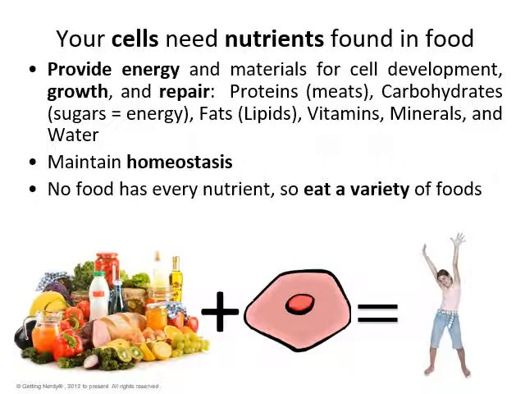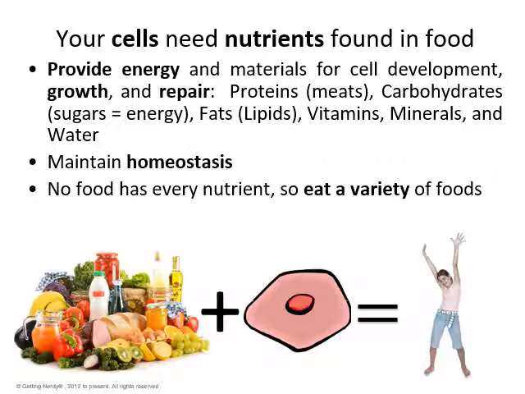Vitamins, minerals, and water are also considered essential nutrients that our body needs to help maintain homeostasis. You may remember from science class that homeostasis is a self-regulating process by which an organism tends to maintain stability while adjusting to the conditions that are best for its survival.